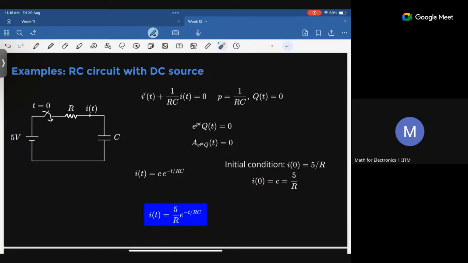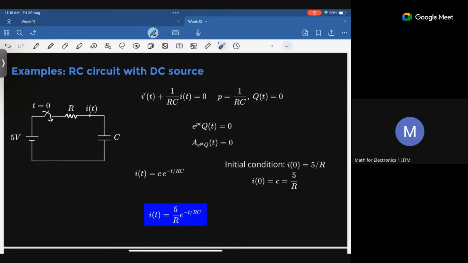So this is for I of t, if you want to govern the current in the circuit. Just like I said previously, if you want to govern voltage across the resistor or voltage across the capacitor, the expressions would be different.